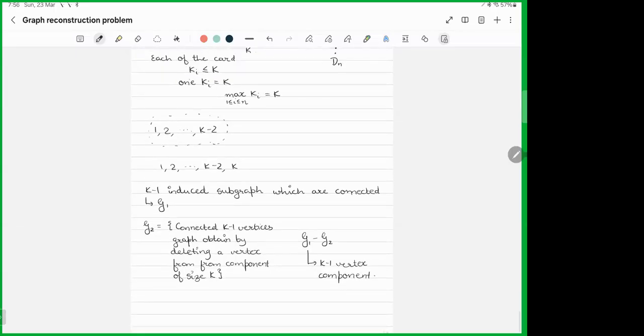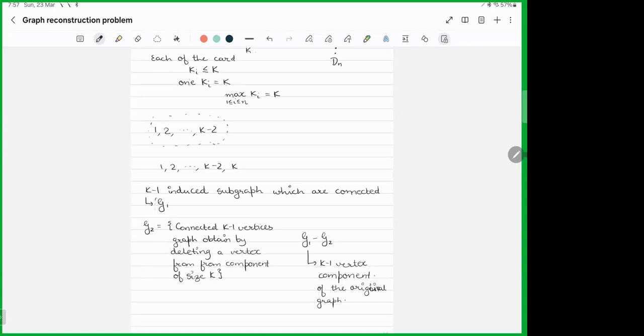So did you understand how we are getting this? Why does G1 minus G2 contain all the k minus 1 vertex components of the original graph? What was the problem with G1?